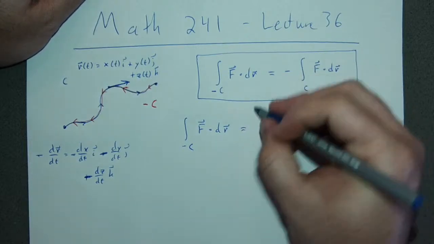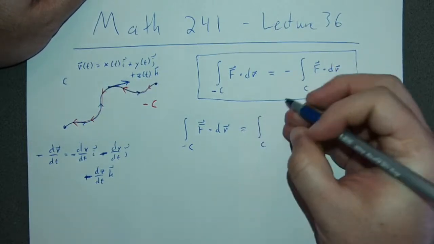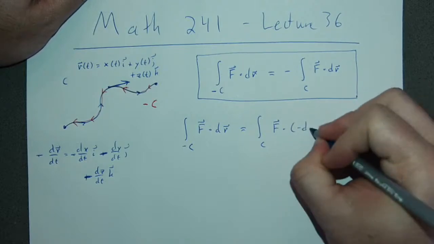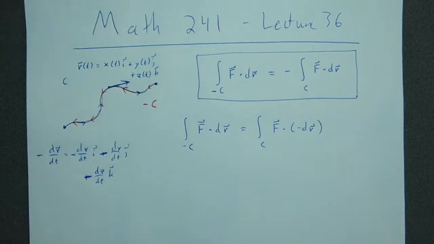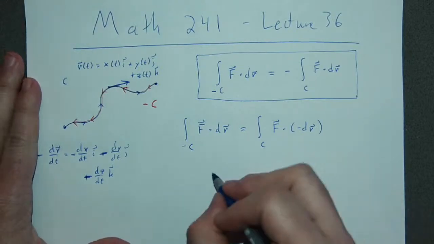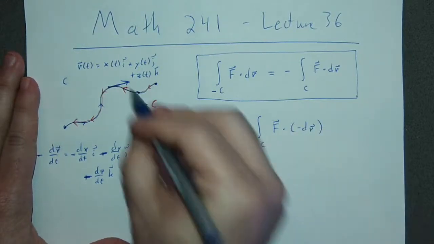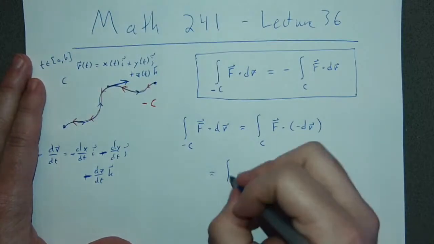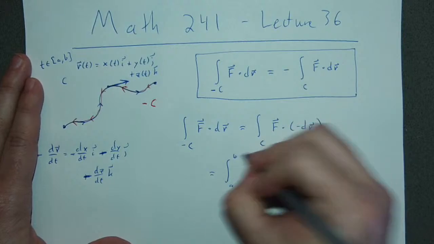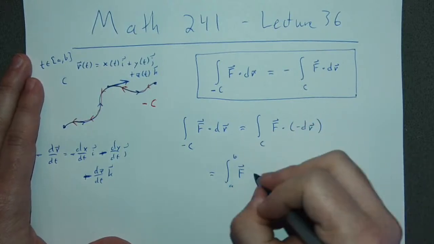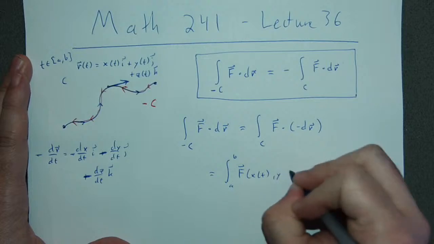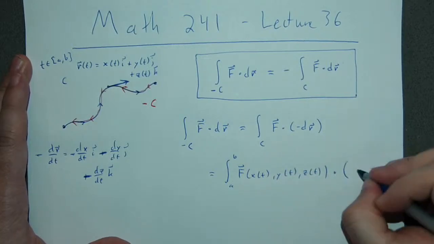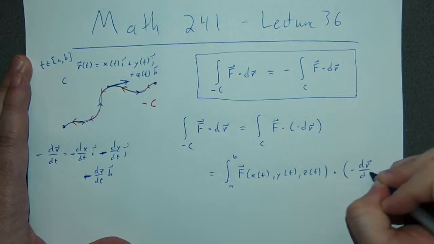And so really, if you like, you can write this as the line integral over C of F dot minus dr. It's kind of abusive notation here, but that's exactly what's happening. So this is the integral, if t lives in, say, a to b, from a to b of my vector field F with x of t, y of t, z of t plugged in, and I'm dotting that with minus dr/dt that I'm not going to write out again.